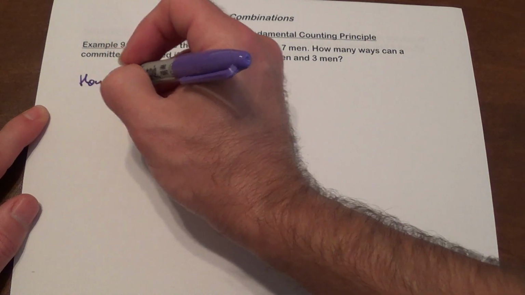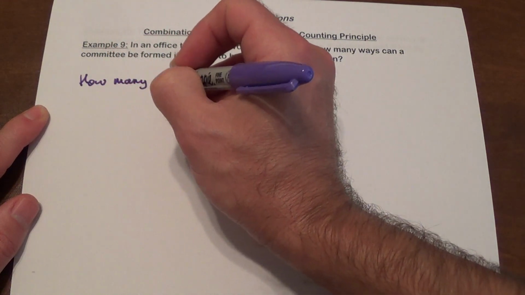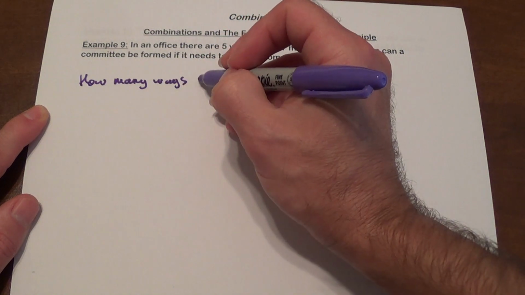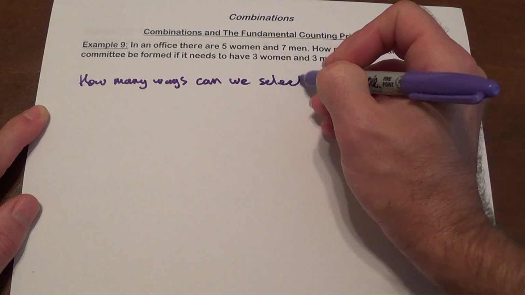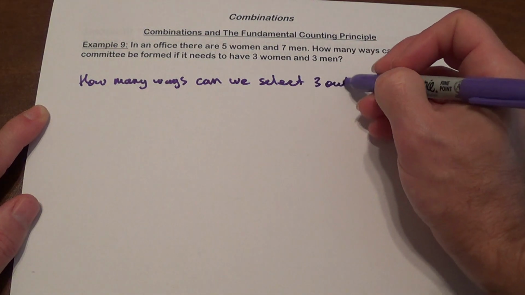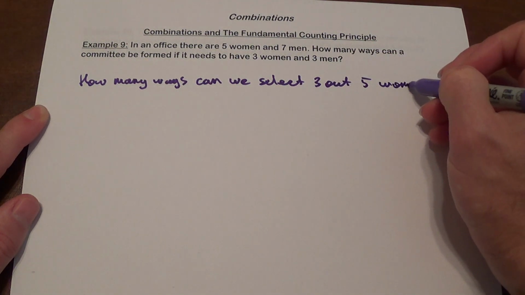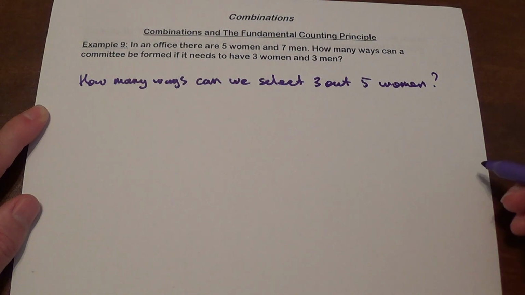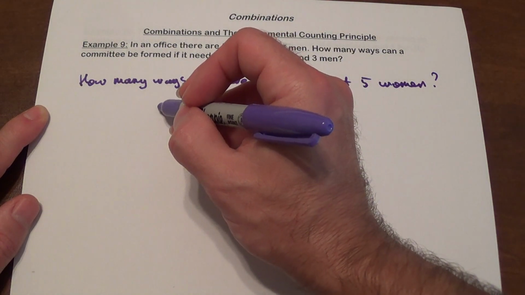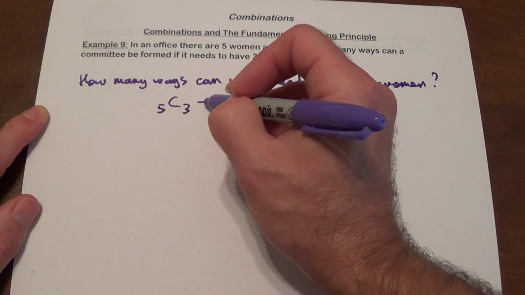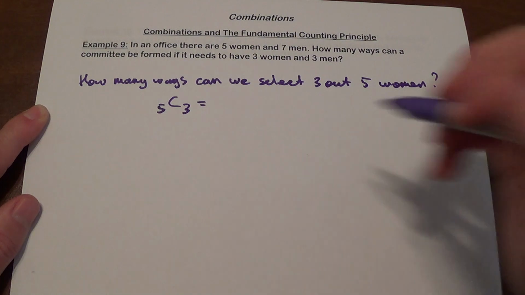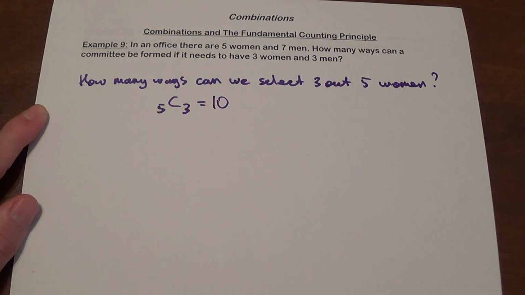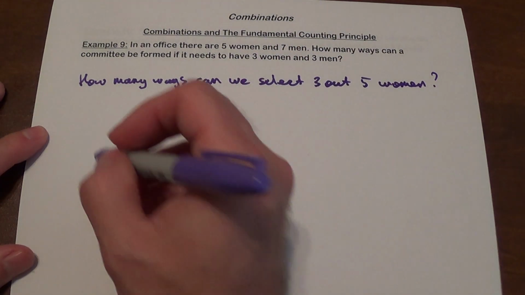So how many ways can we select 3 out of 5 women? This can be done by computing 5C3, and 5C3 is 10. Okay, we're going to do the same thing with men.